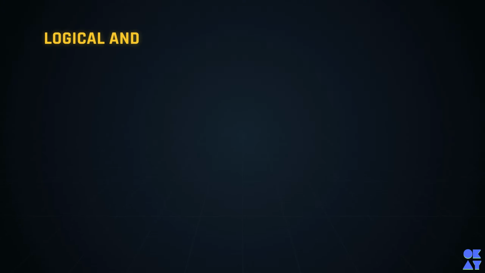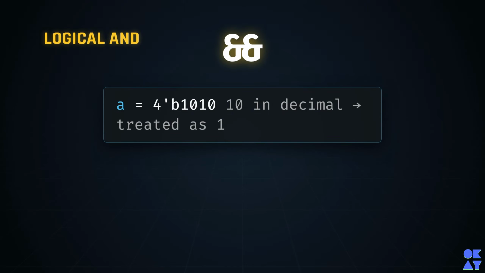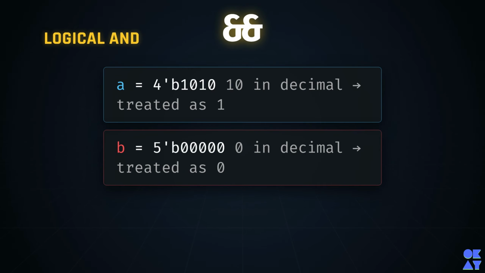Logical AND. Logical AND operates on 2 or more operands. The symbol used is &&. Let's take an example. A is 4'b1010, 10 in decimal, treated as 1. B is 5'b00000, 0 in decimal, treated as 0.